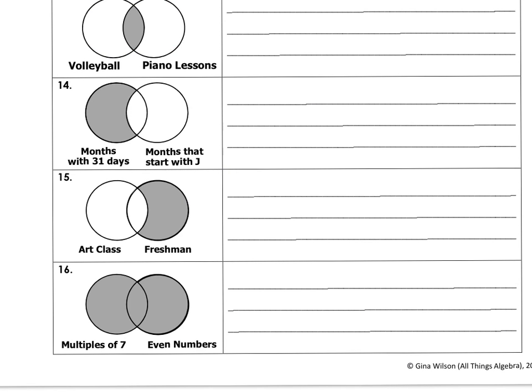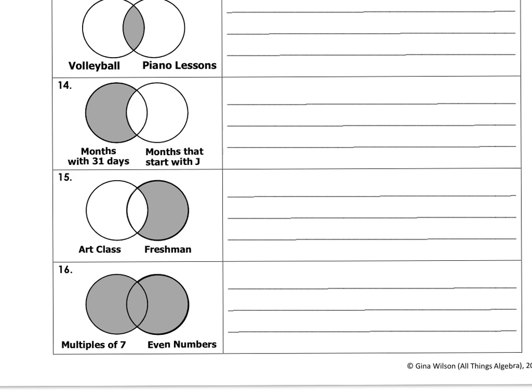Number 14, the shaded part is all the months with 31 days that start with J. So the opposite of that is do not.